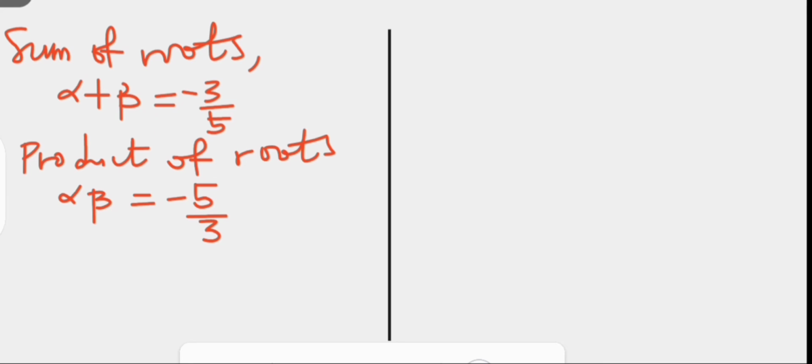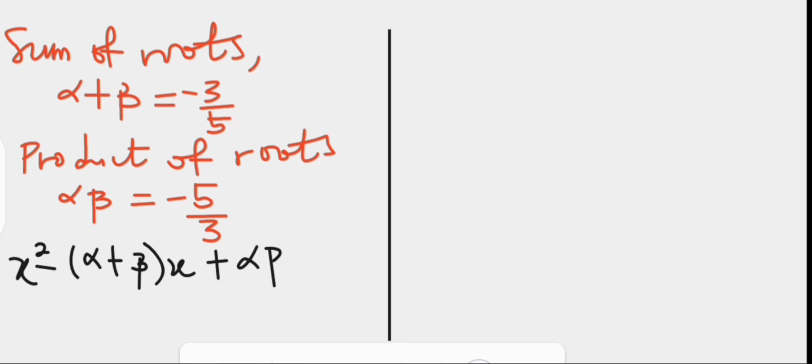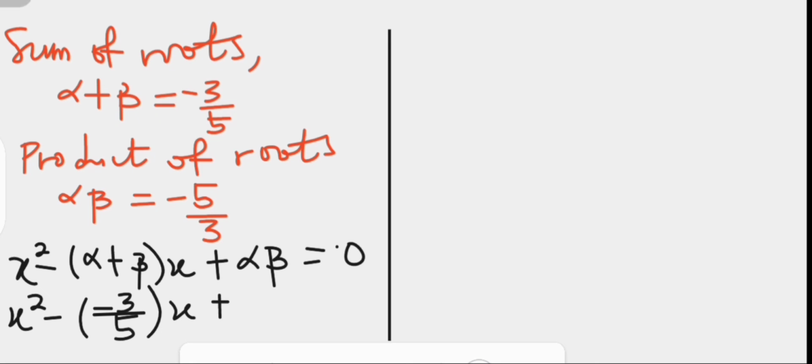Then we are going to substitute into x squared minus alpha plus beta, that's the sum of the roots, times x, plus alpha beta, the product of the roots, equals 0, to give us x squared minus minus 3 over 5 x plus minus 5 over 3 equals 0.